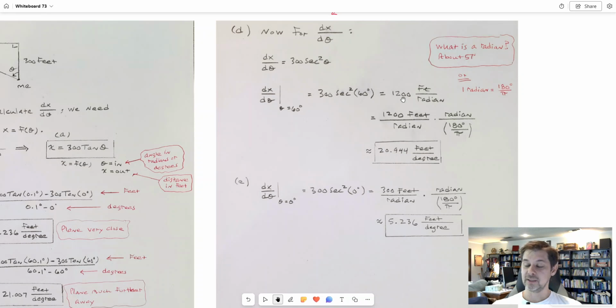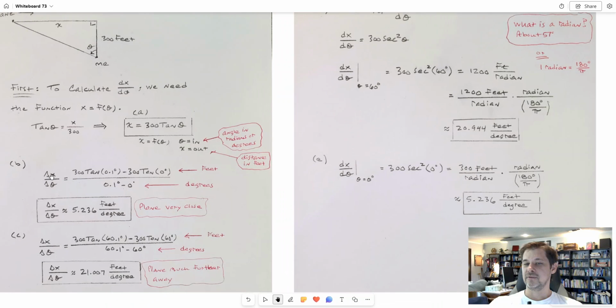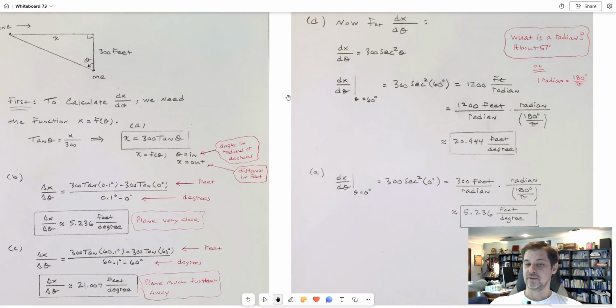Now here's something that might surprise you a little bit about derivatives when they are with respect to angles. In general, the derivative compared to the average rate of change will have the same units. So if dx over d theta had distance units over angular units, you'll still have that.